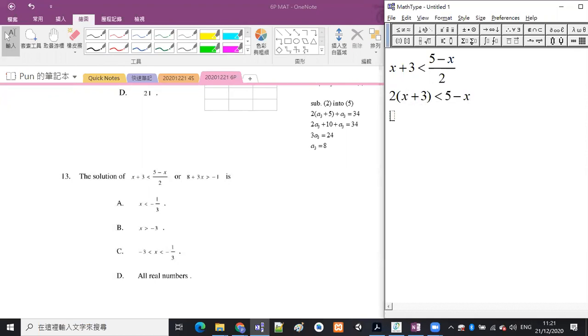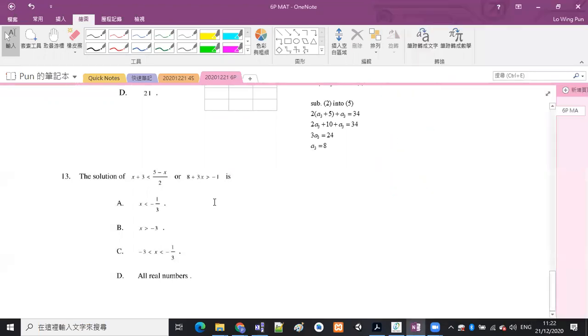Okay, and then expand the bracket, less than 5 minus x, and then move all the x terms to one side, okay, where x is positive. So it's 2x plus x is less than 5 minus 6. Okay, 3x is less than -1, x is less than -1 over 3. Okay, so that is the first inequality.